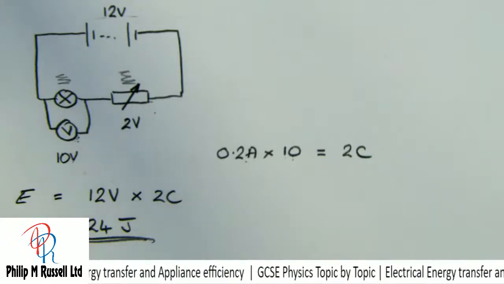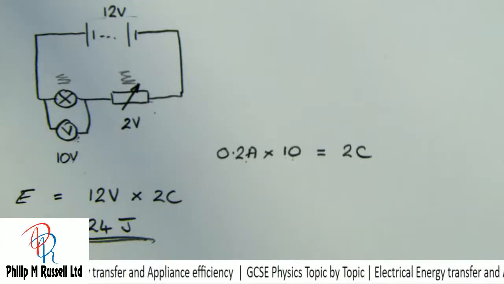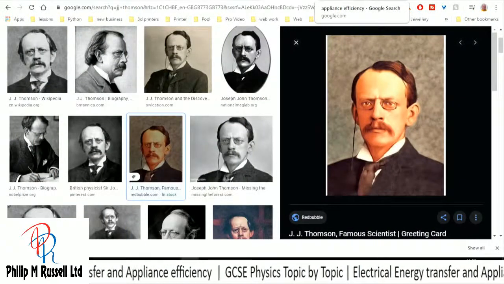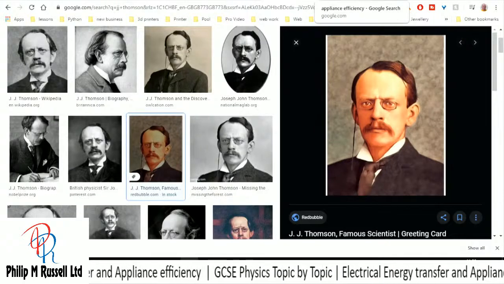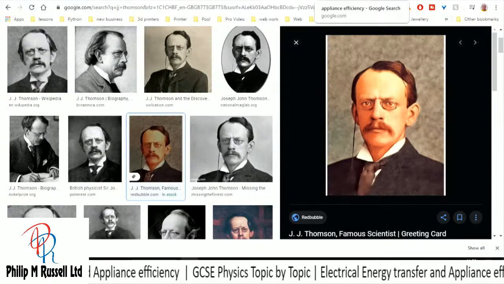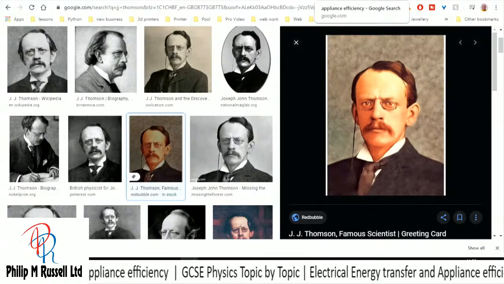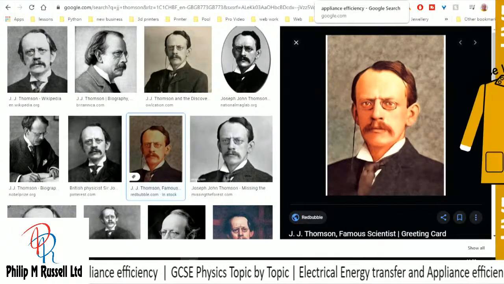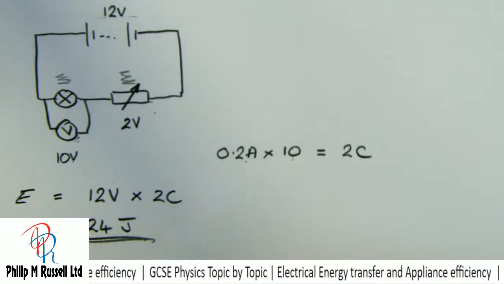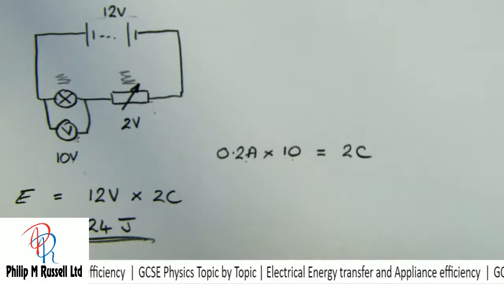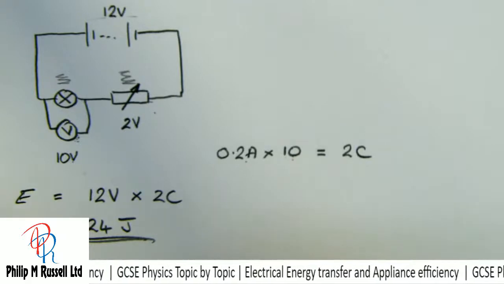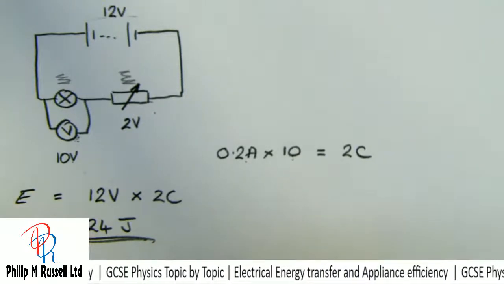All this charge on the electron and what it was doing was discovered by a gentleman called John Joseph Thompson, and he discovered that around about 1900 sort of time, and he discovered the electron, and he showed that basically all atoms contain these negative particles, these electrons.